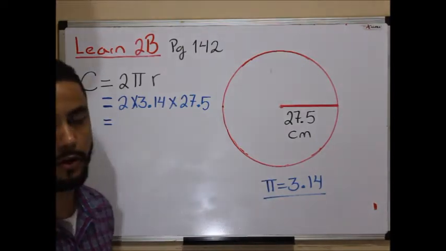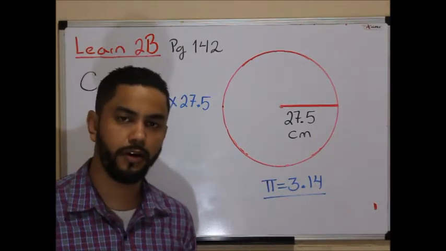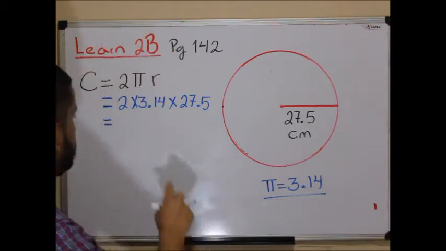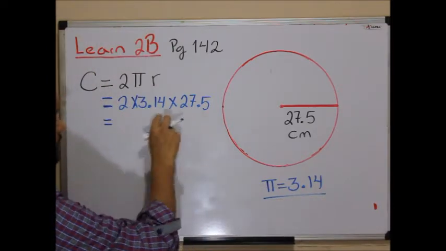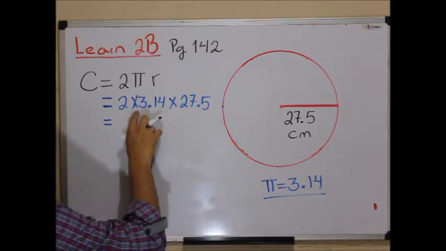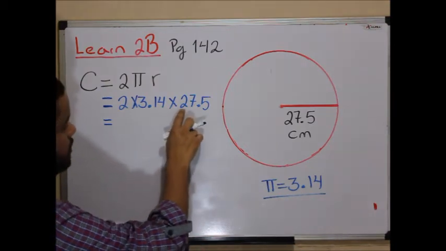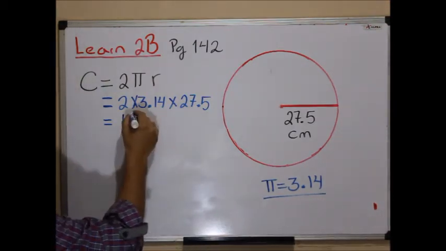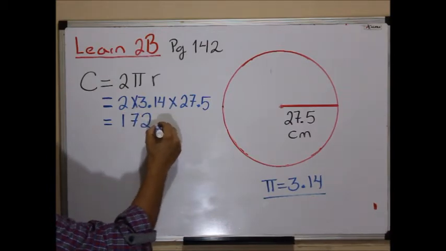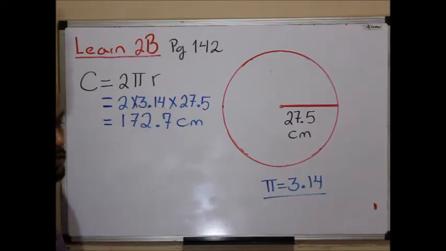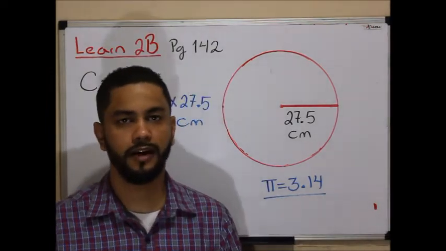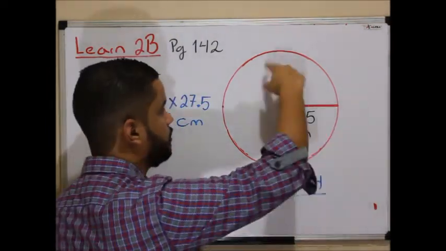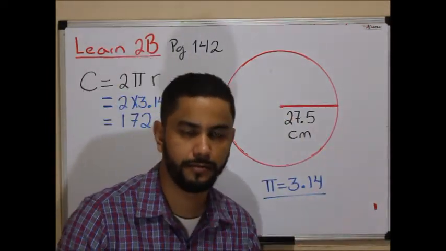Now using a calculator, we're going to write all this numerical expression, 2 times 3.14 times 27.5, and we're going to get 172.7 centimeters. And that way we find the circumference that we are looking for.